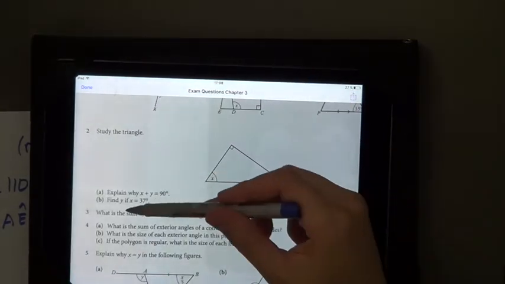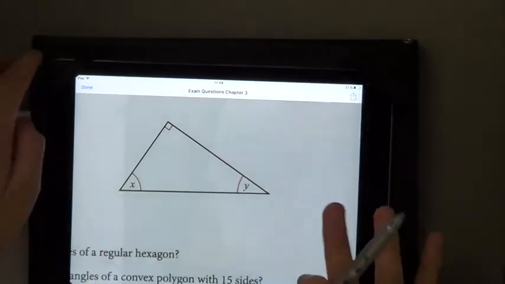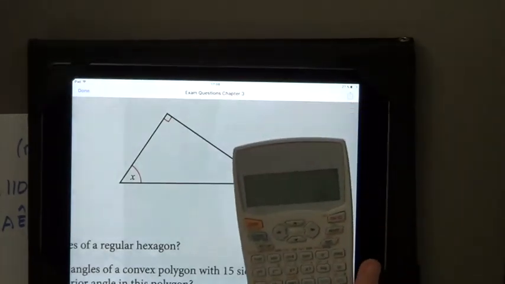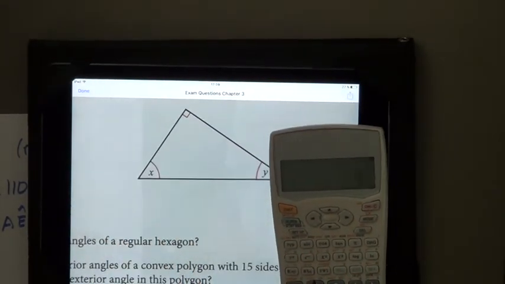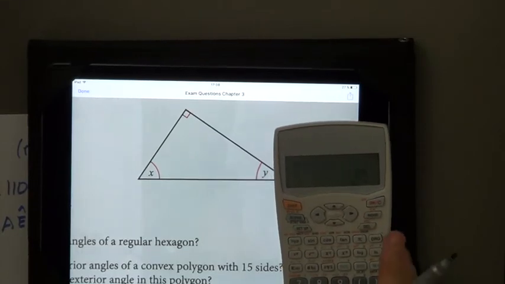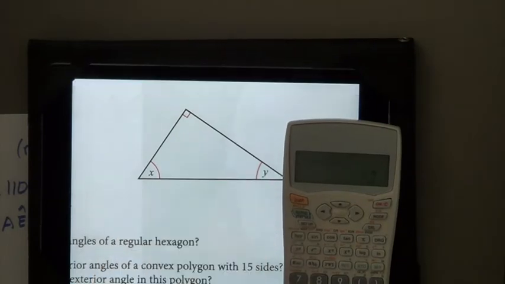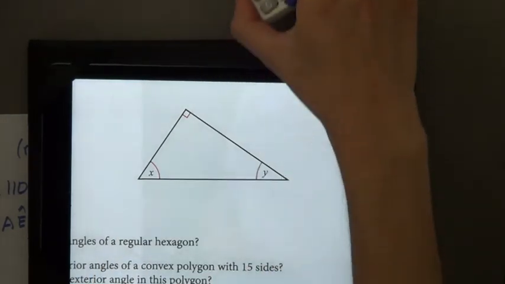So that's your answer. Find y if x equals 37. So 90 plus 37 equals 127, and then 180 minus that equals 53. So y would be 53 in this case.